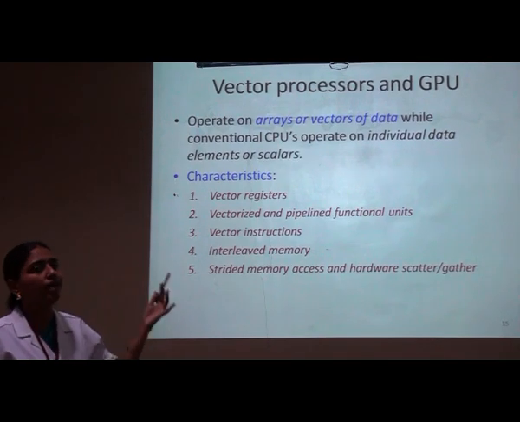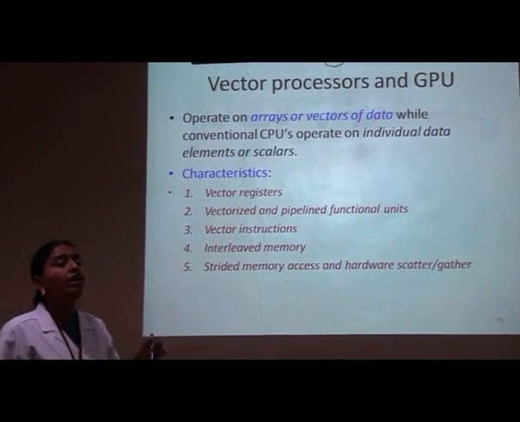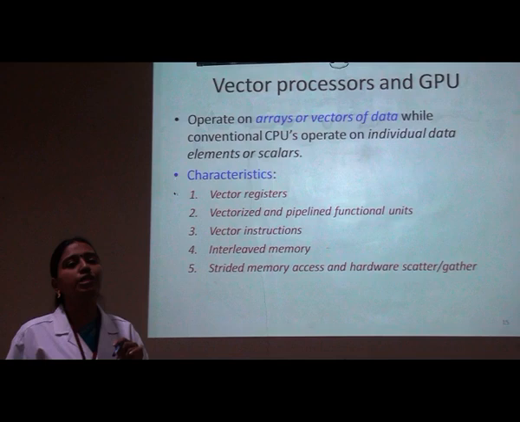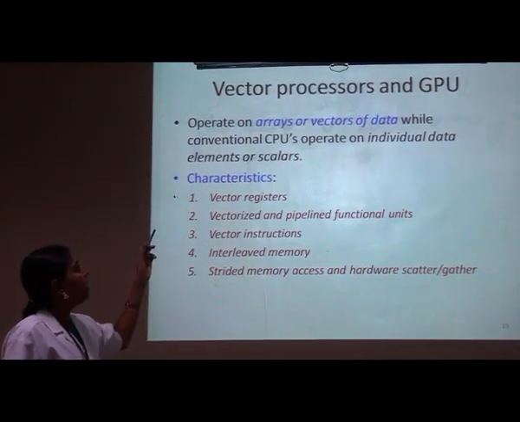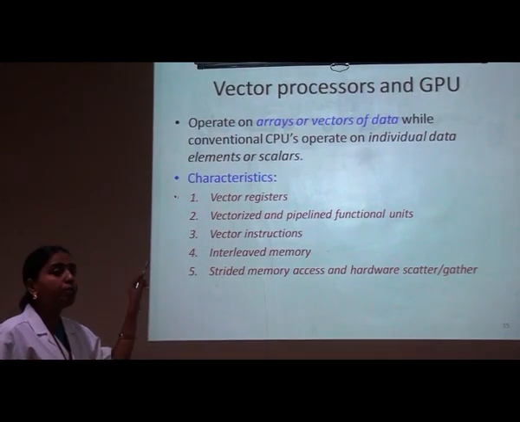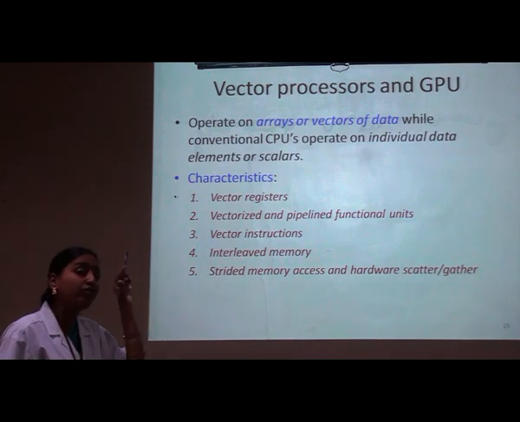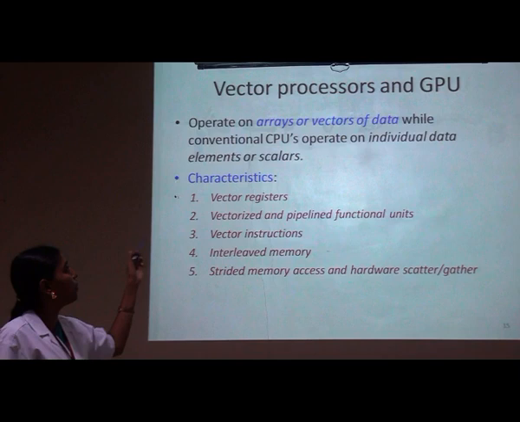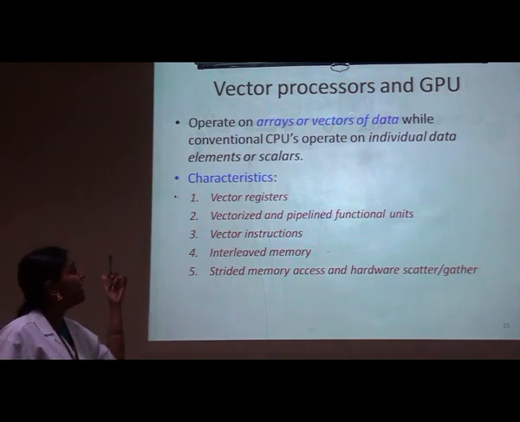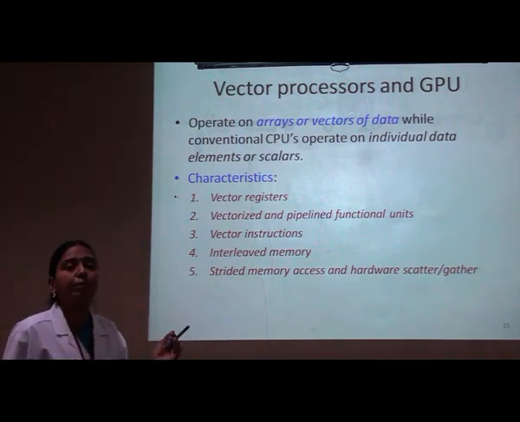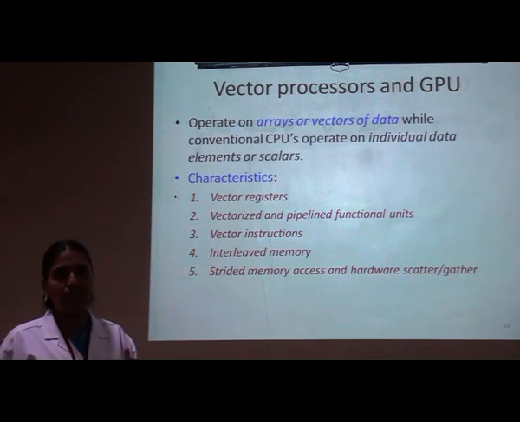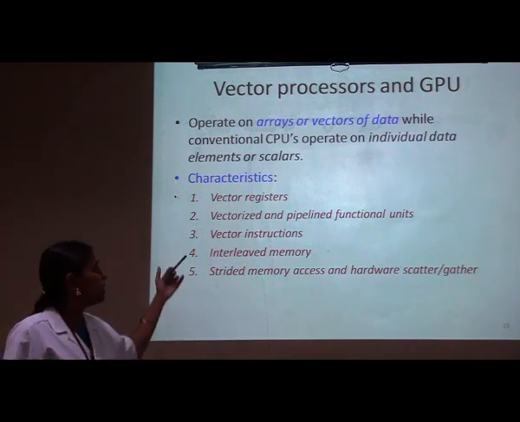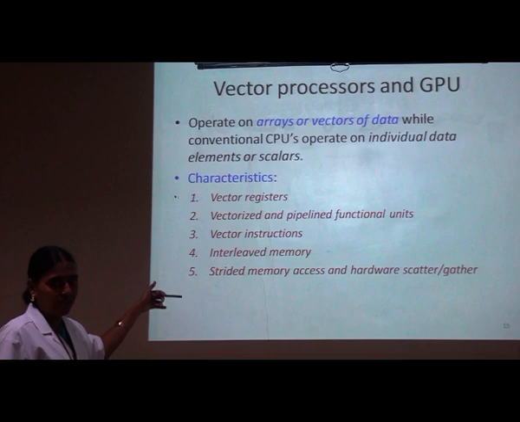The main thing is that a vector processor uses vectors of data. It processes arrays of vectors of data, whereas our normal processor processes scalars only. Since we are processing arrays or vectors of data, we need to use all these characteristics of a vector processor.